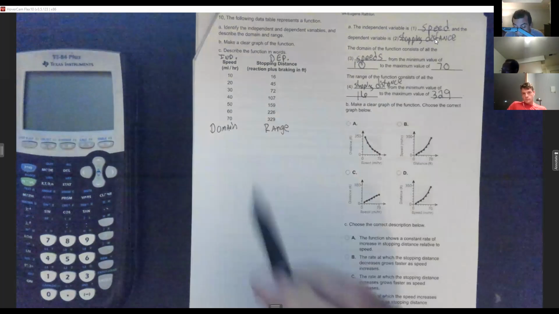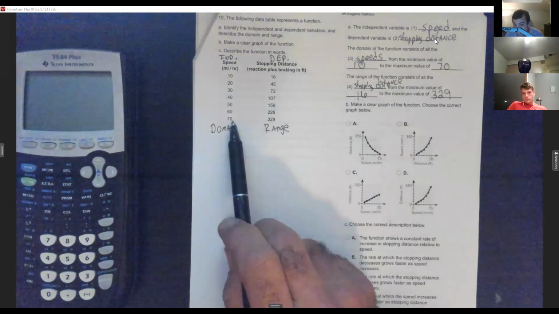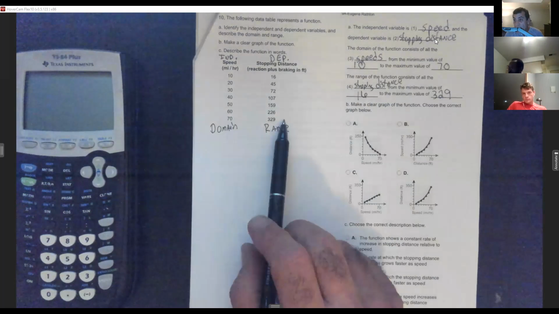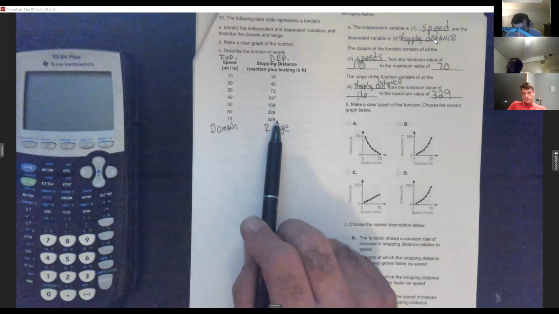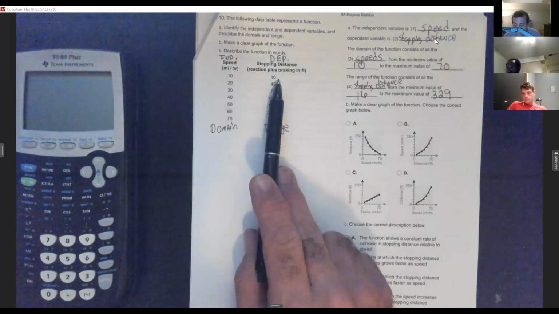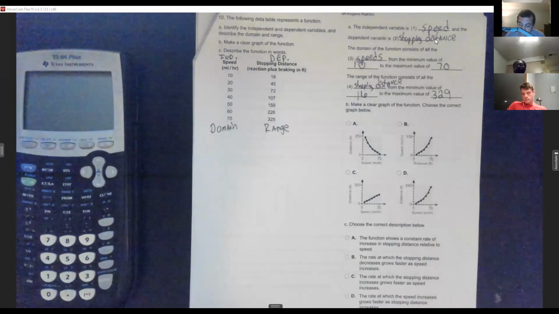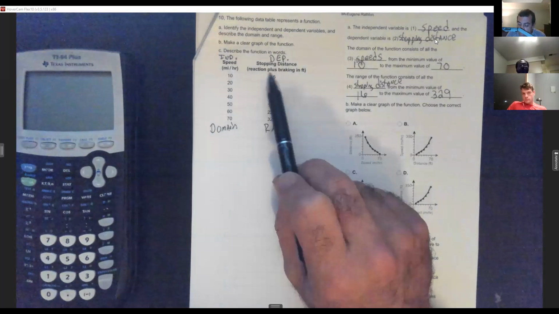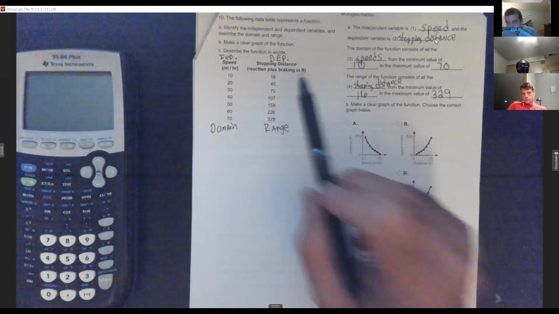So they're saying on average, if you're going 70 miles an hour, you're going to need 329 feet to stop. If you're going 10 miles an hour, the stopping distance is 16. They're saying that's your reaction plus braking in feet, okay?